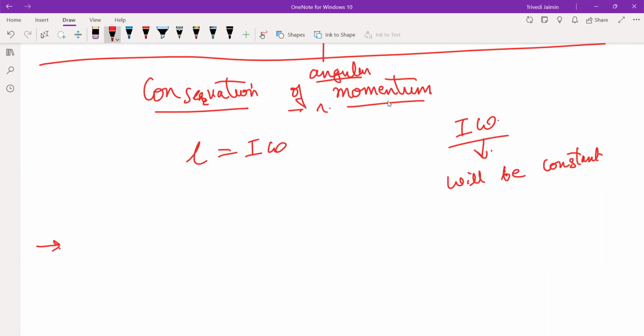Moment of inertia is reduced? I think it's reduced. Yes, because your mass is now distributed over a longer span, right?